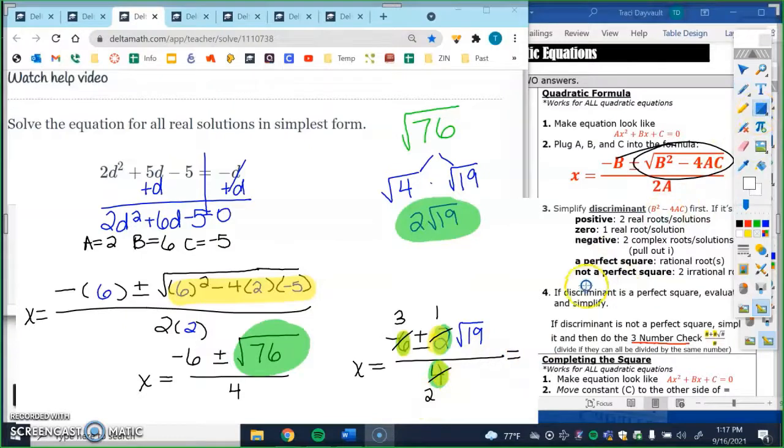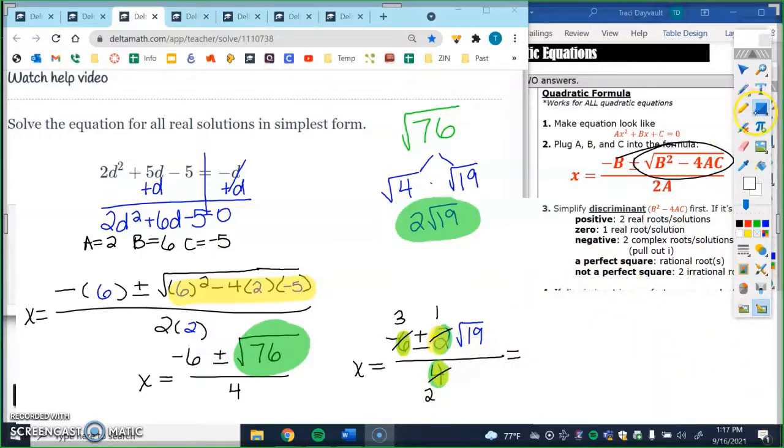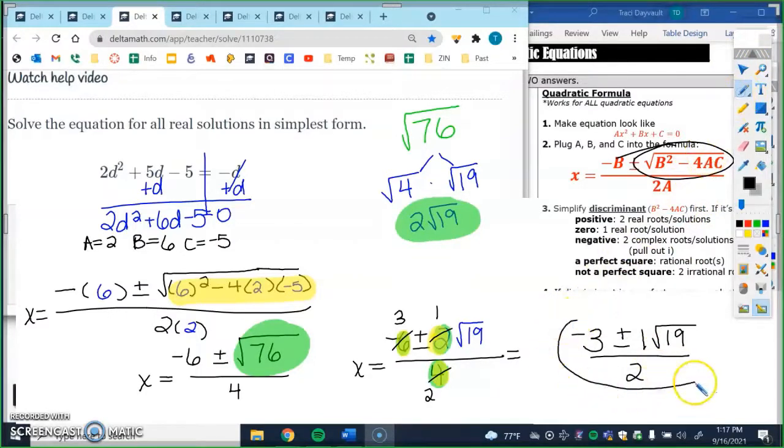This is simplifying like you simplify a fraction. Then I get the answer, -3 plus or minus 1 times the square root of 19 over 2. And that is a simplified version. And if we're multiplying by 1 on a multiple choice test, that 1 would not be there.